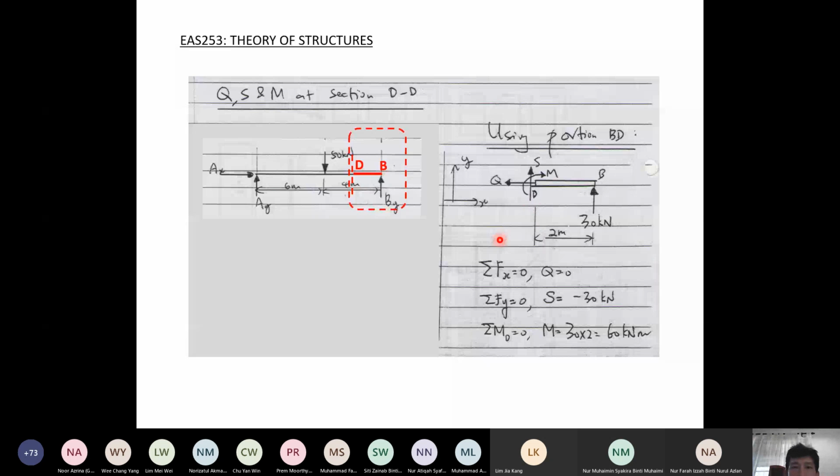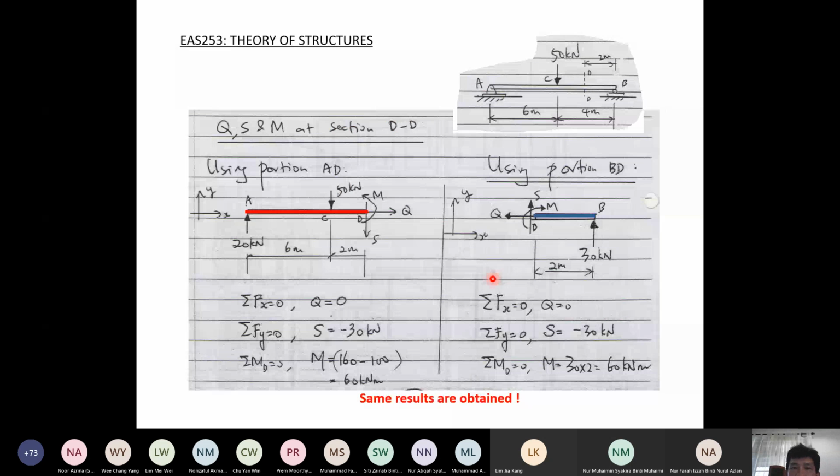So here, if we put them together, in the previous example we want to get the internal forces at the cut section DD here. So we need to know what DD is here; we use this symbol to indicate these sections.